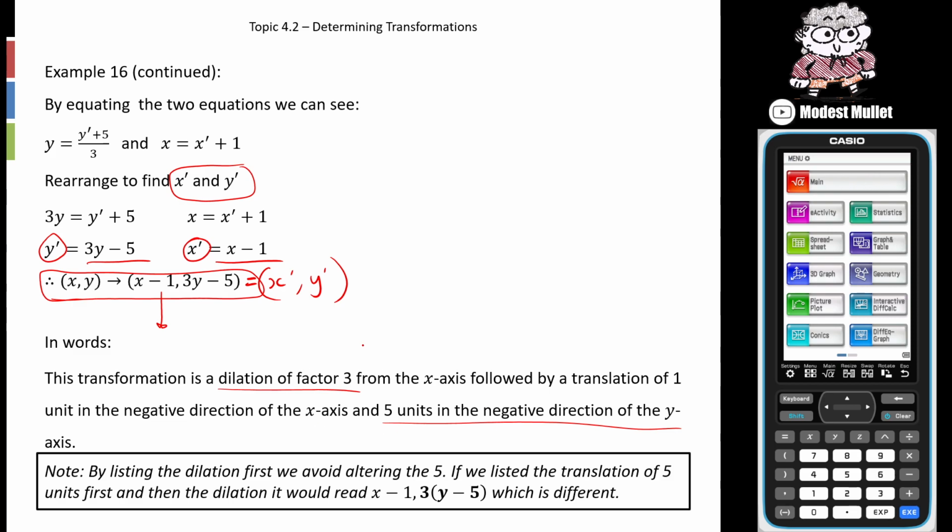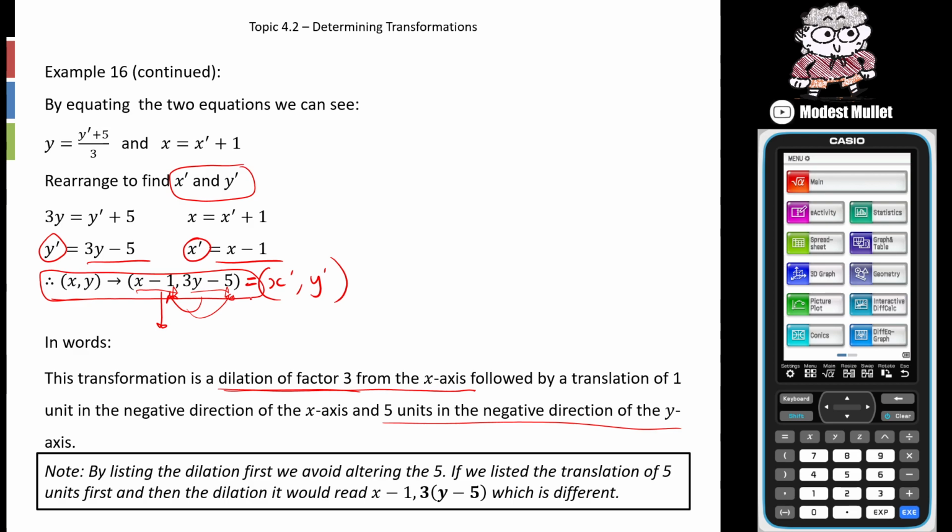The order here is written a little different to what I just read out, but what you do is effectively read each of these in BIDMAS order of operations. This one jumps between: it does the dilation of 3, then goes back and does this translation, and then comes back and does this translation.